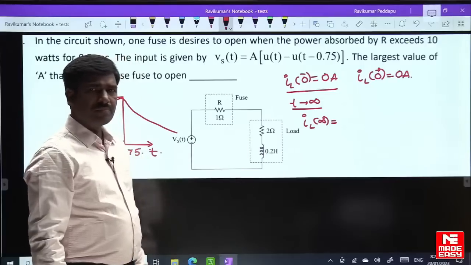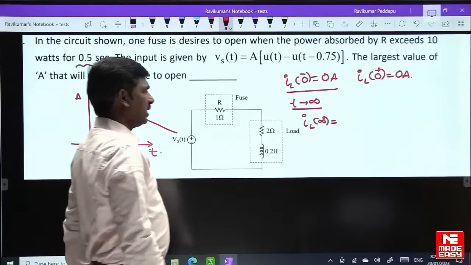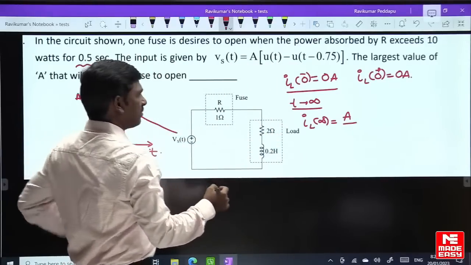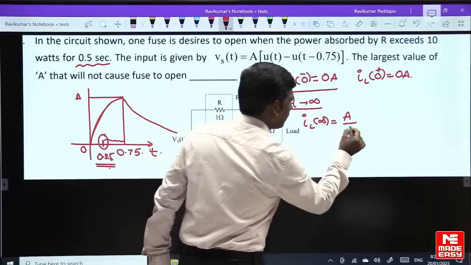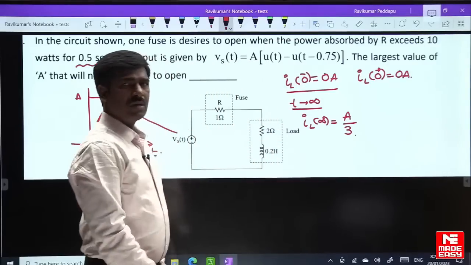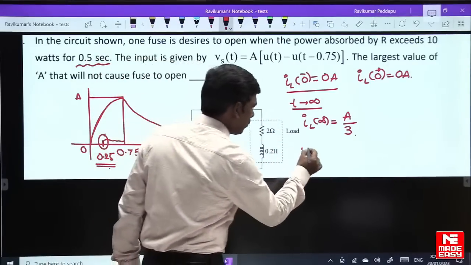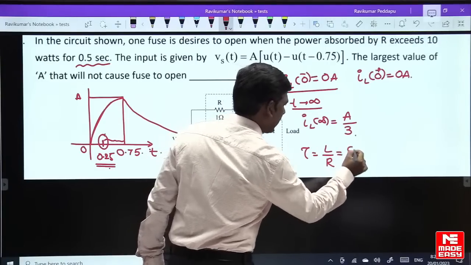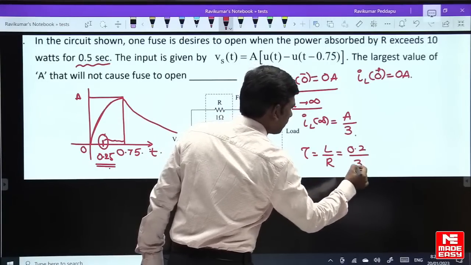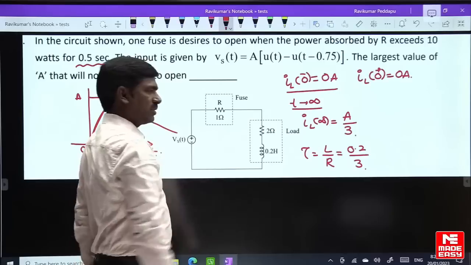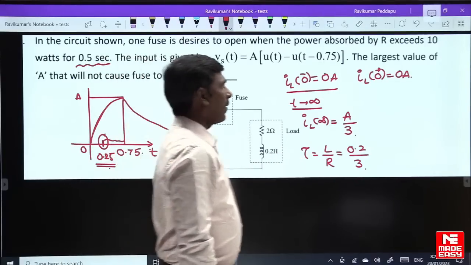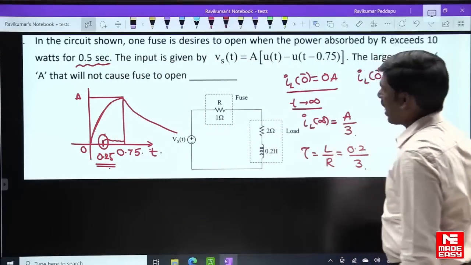The total current is amplitude by resistance, 2 plus 1 is 3, so A by 3. What is the time constant? Tau is equal to L by R, L is 0.2, R is 3, resistance 2 ohms plus 1 ohm, so 0.2 by 3.